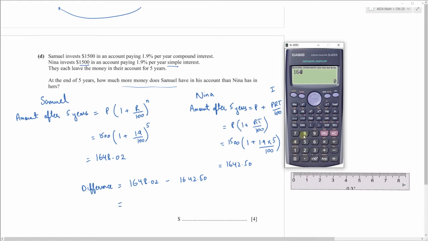So 1648.02 minus 1642.50. So this is 5.52. So 5.52 is the difference between the money in Samuel's account and Nina's account. So Samuel will have $5.52 more in his account compared to Nina's account.